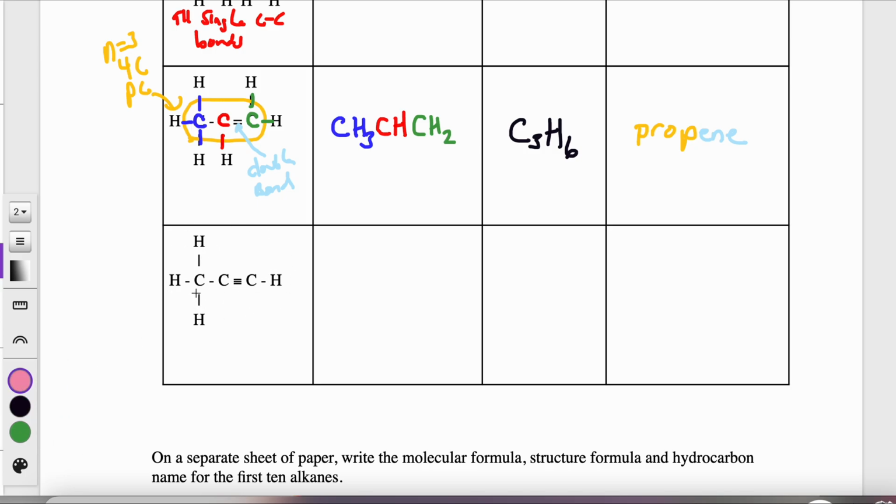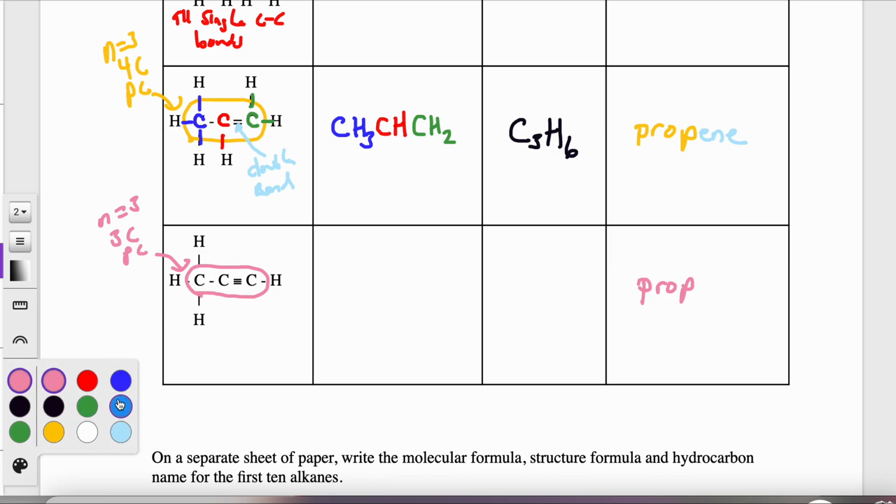First thing, circle the parent chain. So this parent chain contains 3 carbons where N equals 3. So when I go to my table P, if N equals 3, I use the prefix prop.